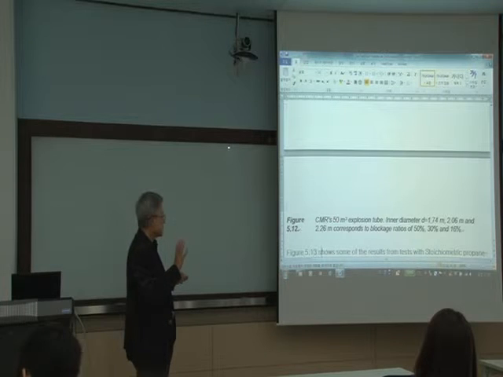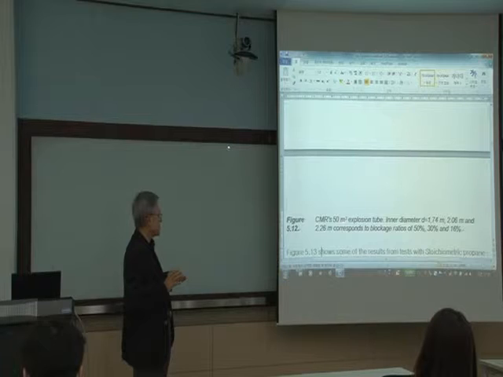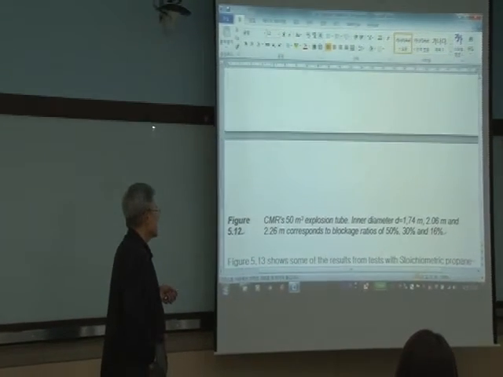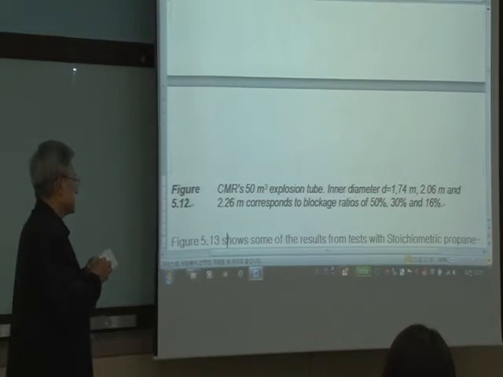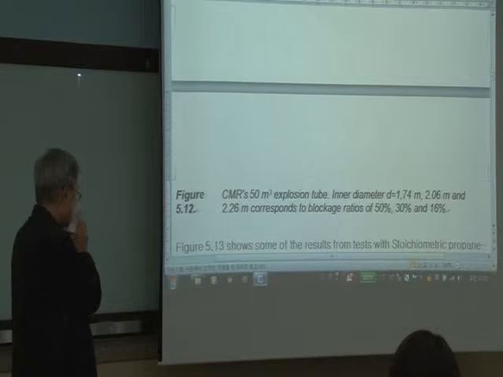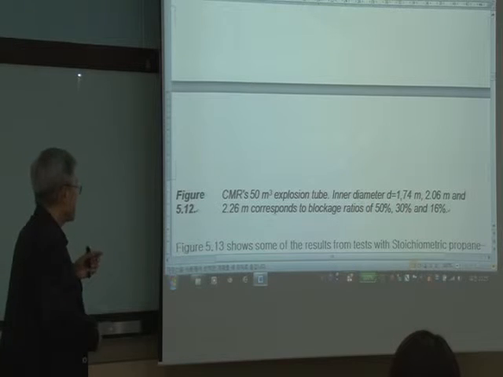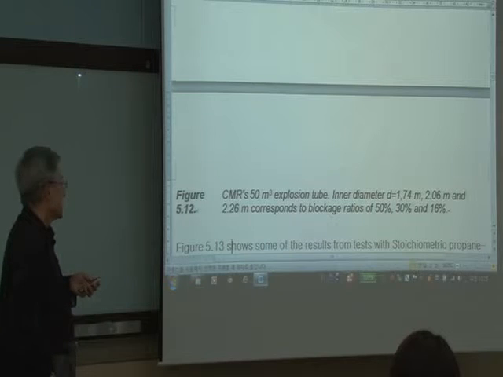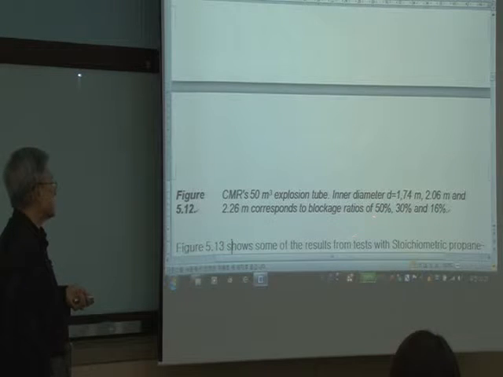Inside that tube, the total volume is 50 cubic meters, an explosion tube. The inner diameter is smallest, medium, and large, 2.26 meters through 1.74 meters. And the blockage is 50%.